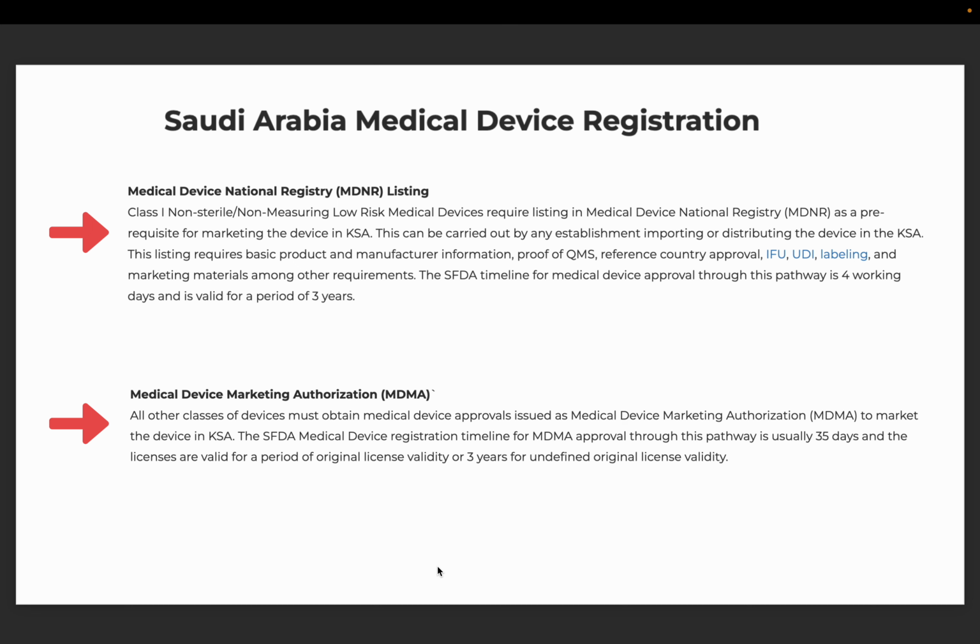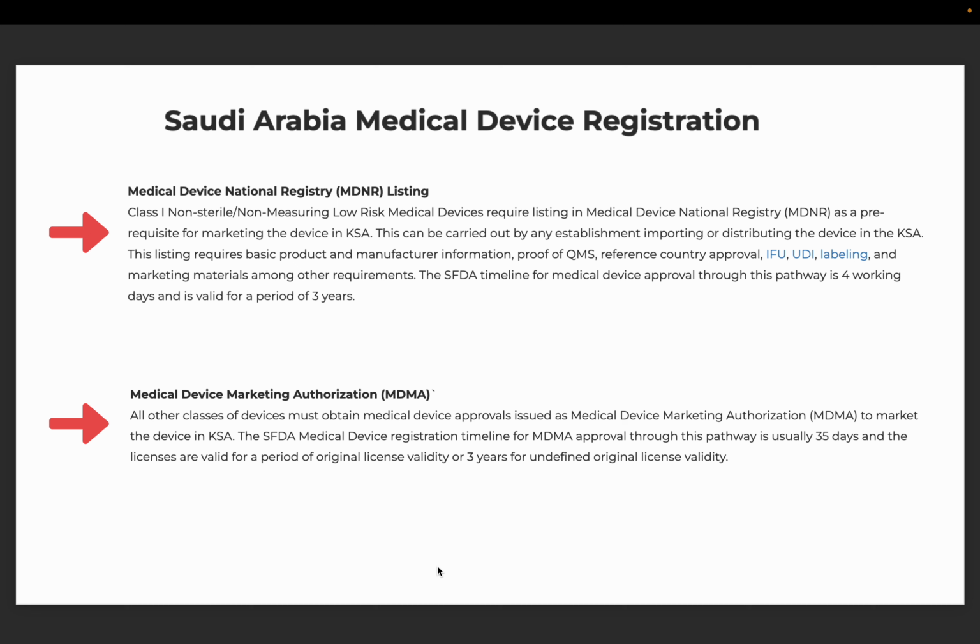Now दोस्तों, let's talk about the two regulatory pathways by which we can place your medical device into the territory of Saudi Arabia. So दोस्तों, मैंने जैसा कि आपको पहले बताया था, it purely depends upon the classification of the medical device when you are placing your product, right?